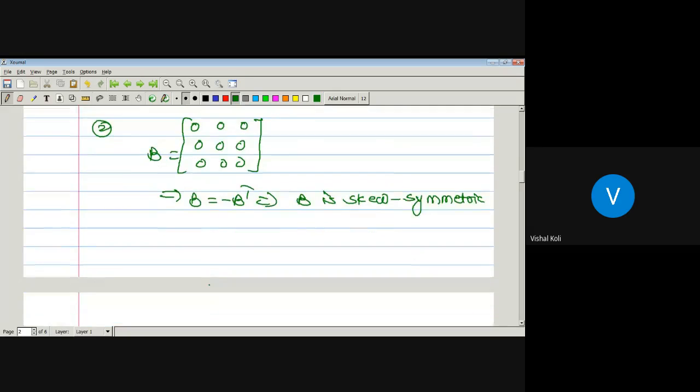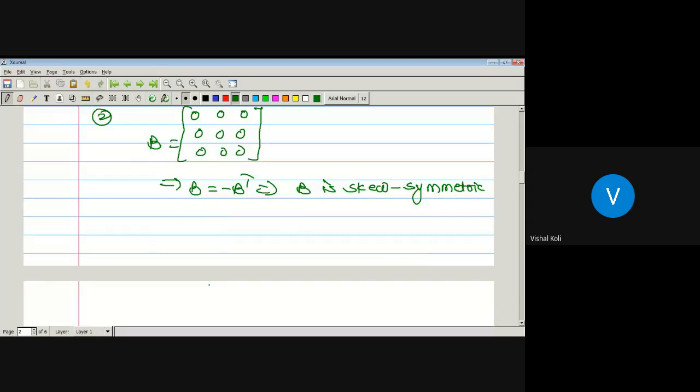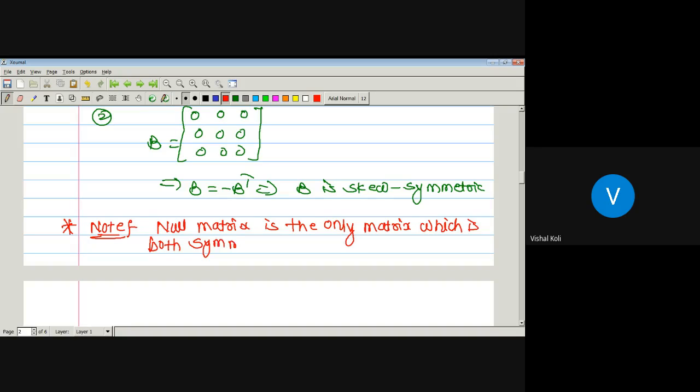Therefore, from these two definitions, there is one note: the null matrix is the only matrix which is both symmetric and skew symmetric.